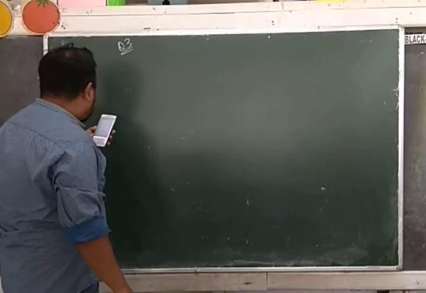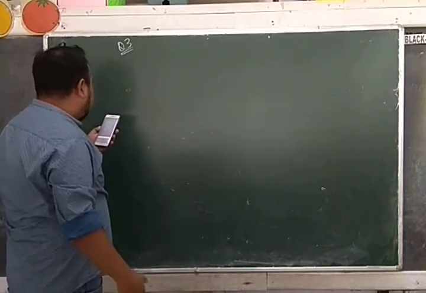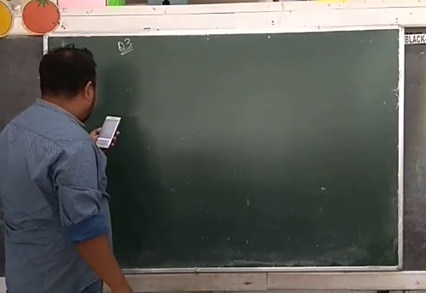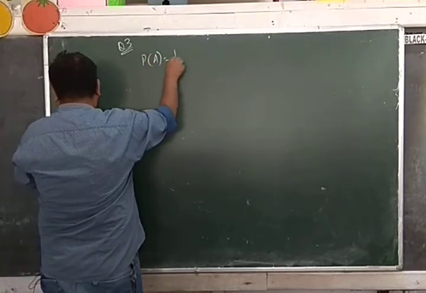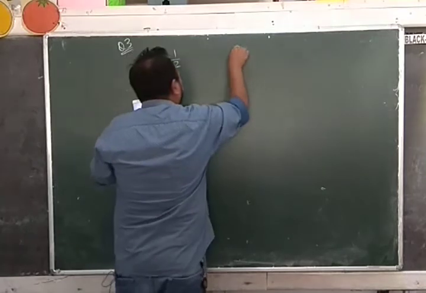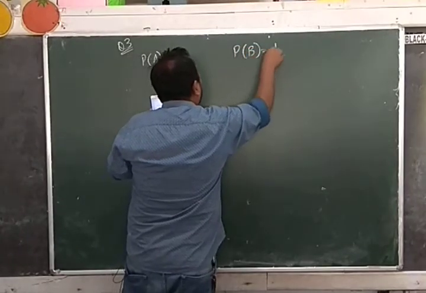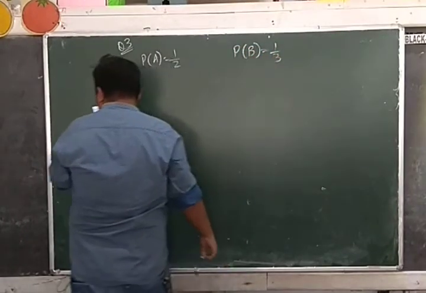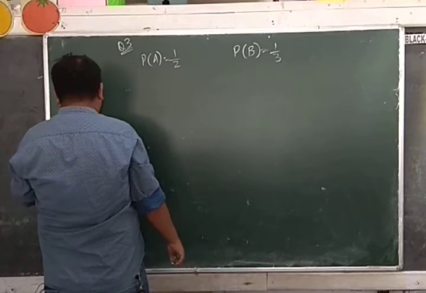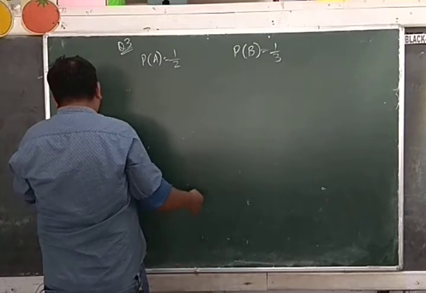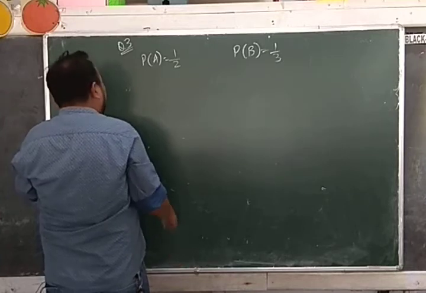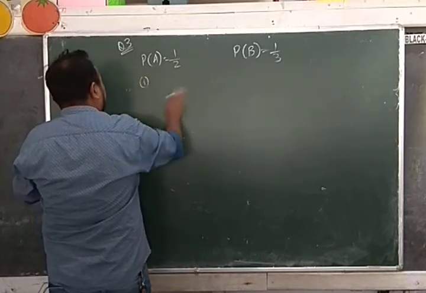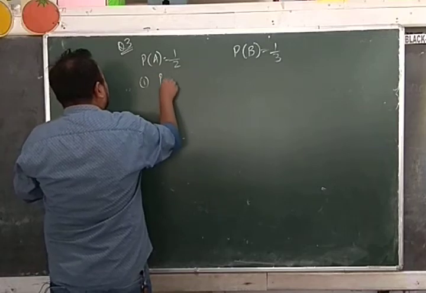The probability of solving a specific problem independently by A and B: the probability that A will solve the problem is 1 by 2 and the probability that B will solve the problem is 1 by 3. Is that clear? Now, if both try to solve the problem independently, find the probability that number 1, the problem is solved.